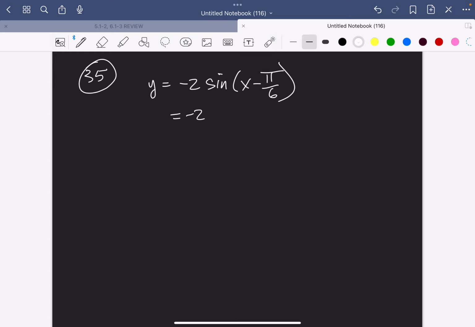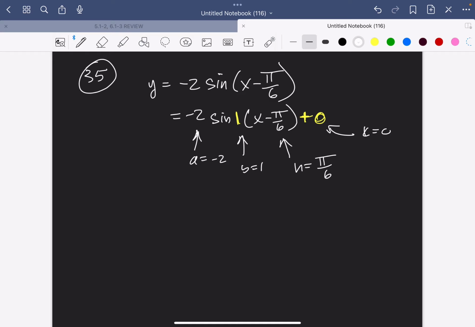If you want to write it in some sort of standard form, it's really a 1 times an x minus pi over 6 and then plus a 0. So we're really seeing here that a is equal to -2, b is equal to 1, h is equal to pi over 6, and k is equal to 0. So we really just shifted to the right pi over 6 and messed with the amplitude, and that negative reflects it, right?